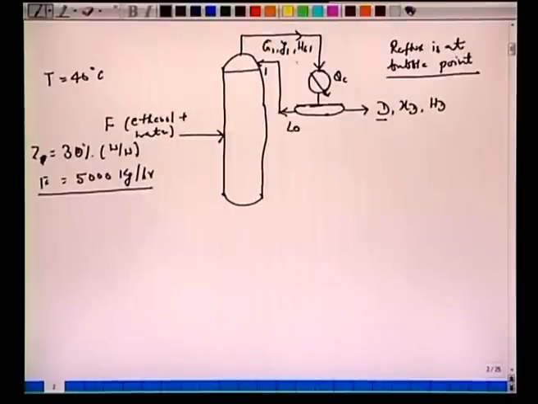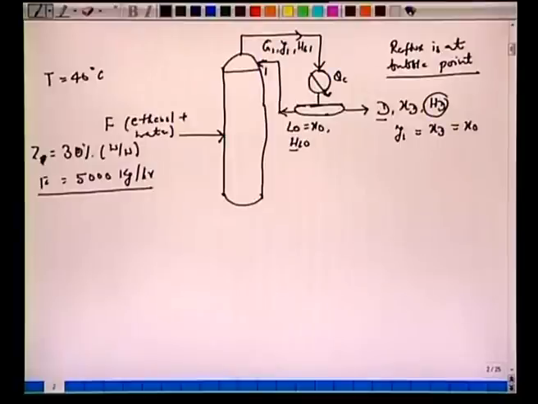If you recall from the discussion on the total condenser, Y1 will be the same as XD, and XD will be the same as X0, because it's a total condenser. The enthalpies HD and HL0 will be the same, because it is the same product you are withdrawing here and a fraction of it goes back to the distillation column.